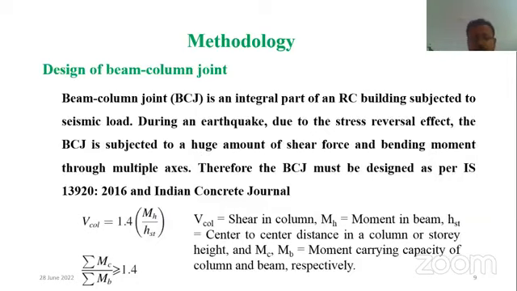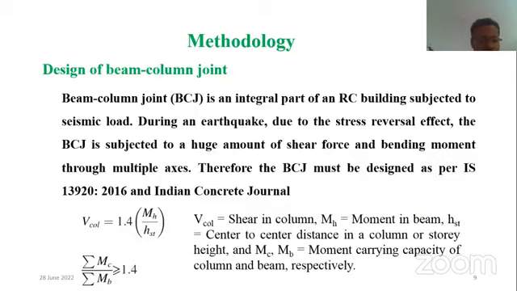The beam column joint is an integral part of a reinforced concrete building, and during an earthquake, we have seen that due to stress reversal effect, the beam column joint is subjected to a huge amount of shear and bending moment through multiple axes. Therefore, it should be designed as per IS 13920-2016 and the Indian Concrete Journal. There is a documentation given by IIT Kanpur, and I have also used that documentation. It is published in the Indian Concrete Journal.